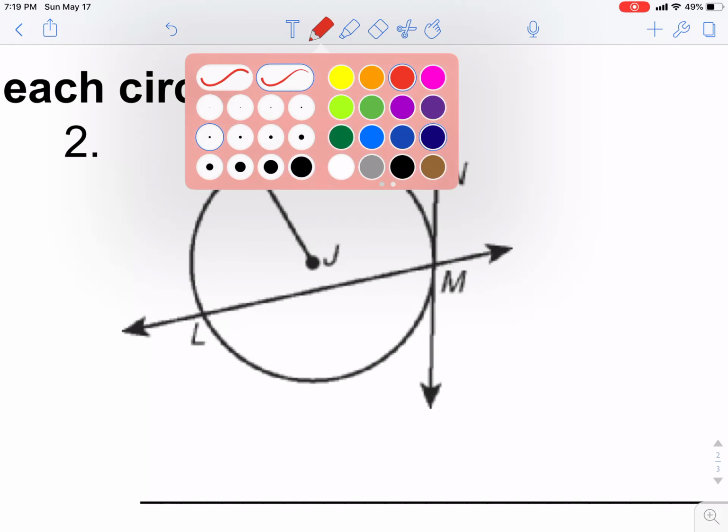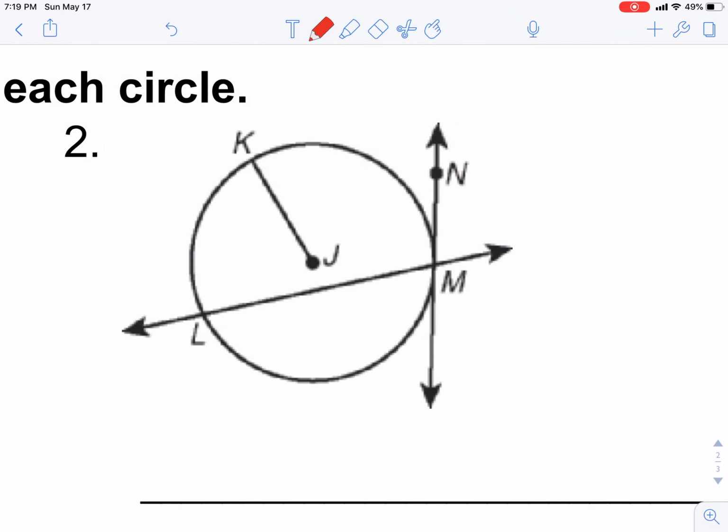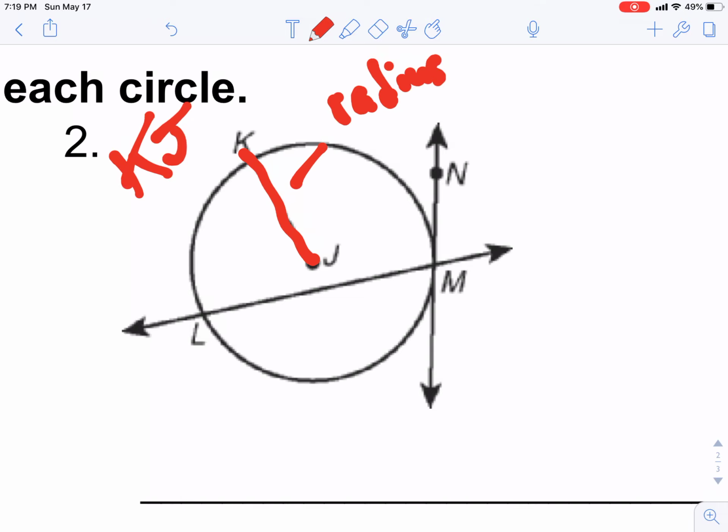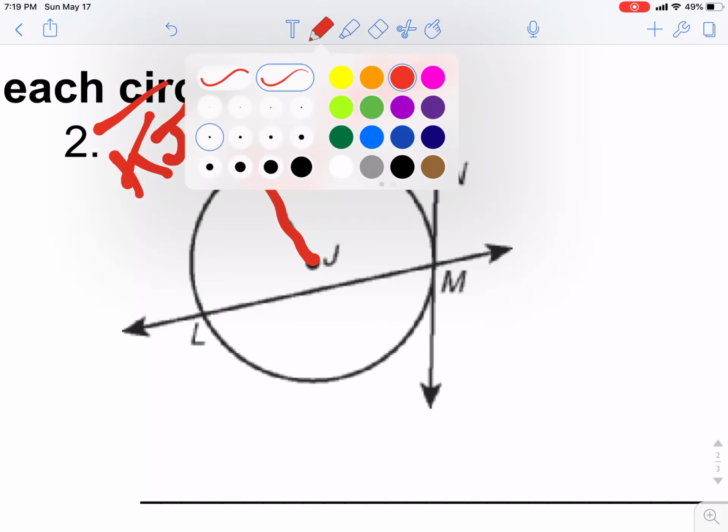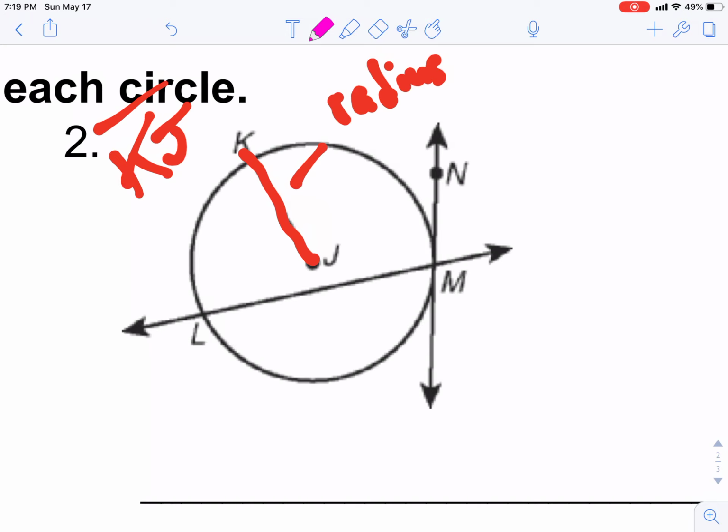I'm just going to start whipping through it because you have already unpaused it after you did the work. All right, so KJ is a radius. Again, we would name that as segment KJ. And then we have line NM. We call this a tangent line because it crosses that.